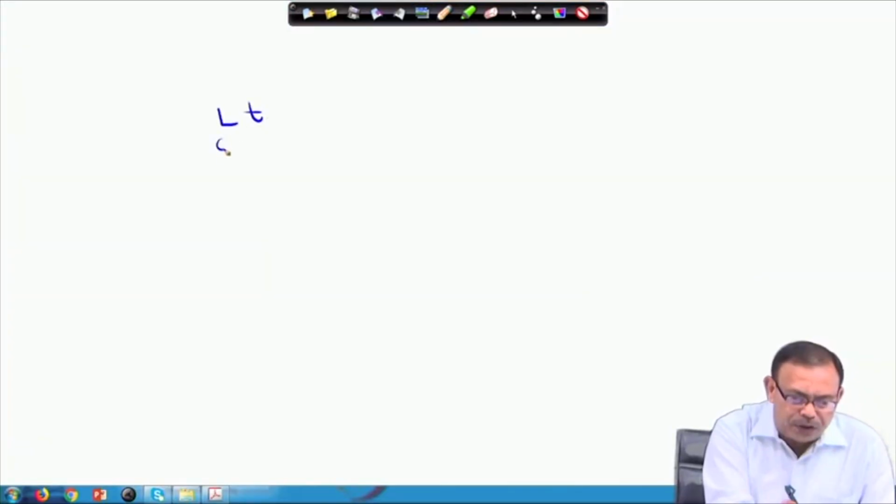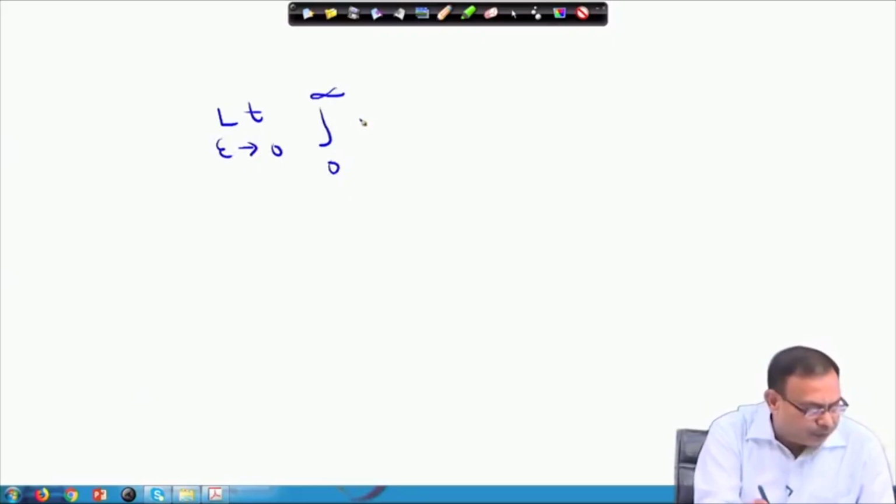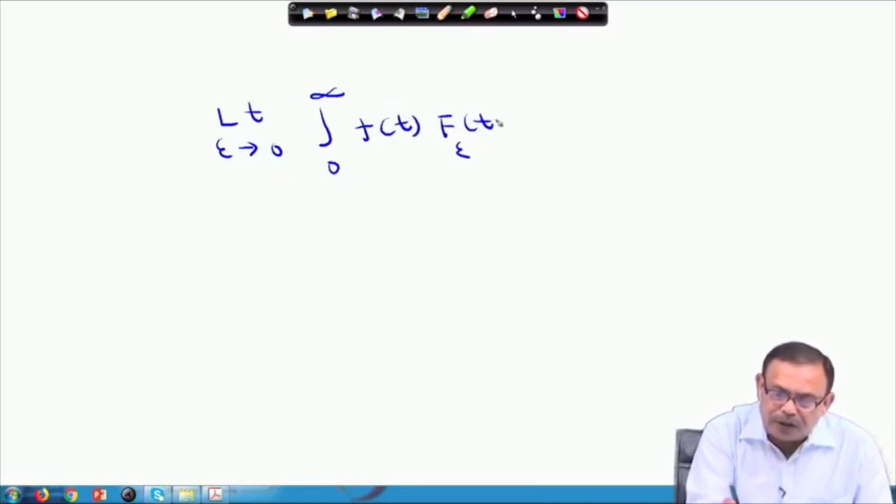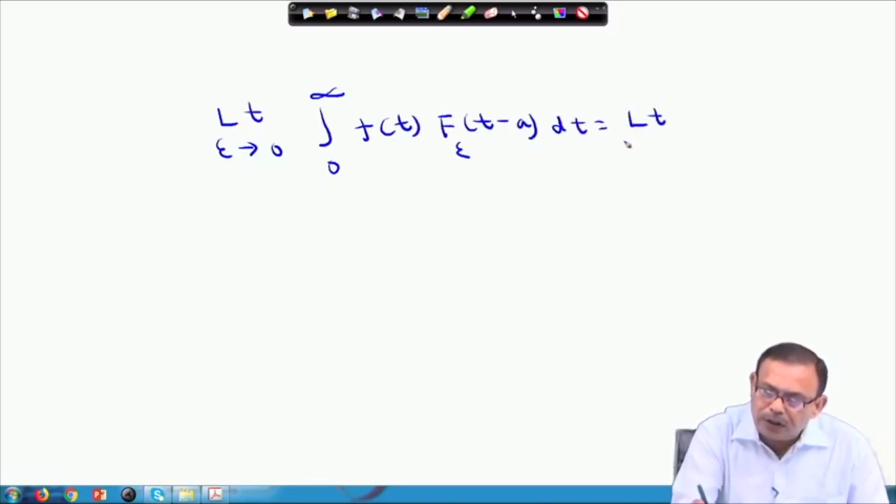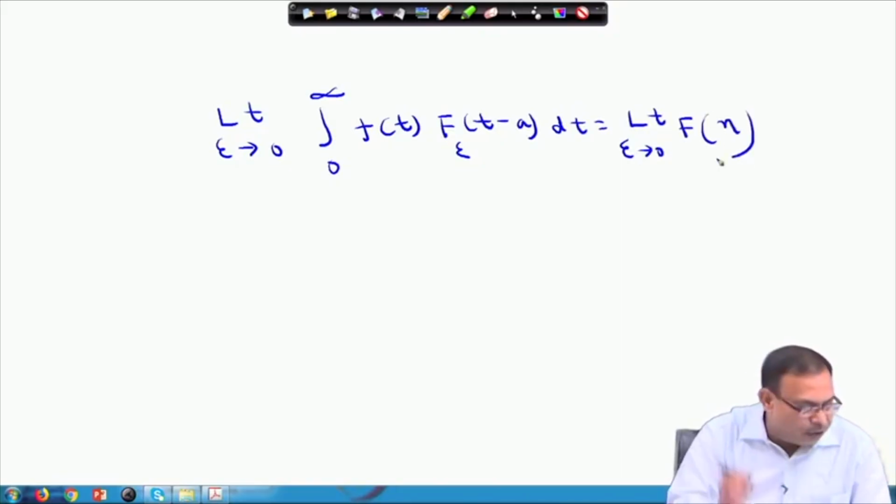Now, you see, the limit as epsilon approaches 0 of the integral from 0 to infinity of f t into f epsilon t minus a dt is nothing but the limit as epsilon approaches 0 of f of eta, as I told you.